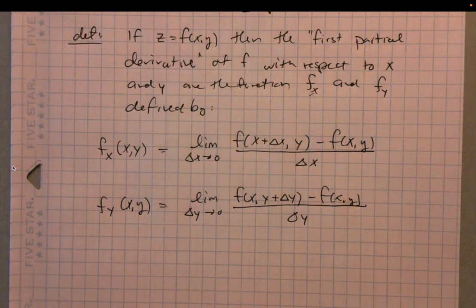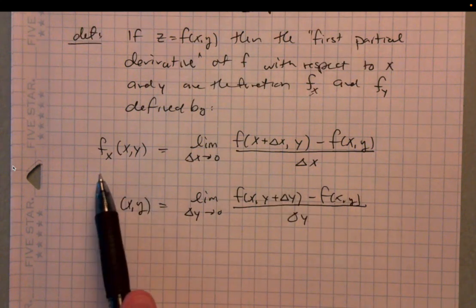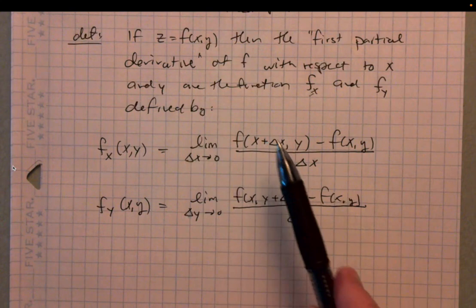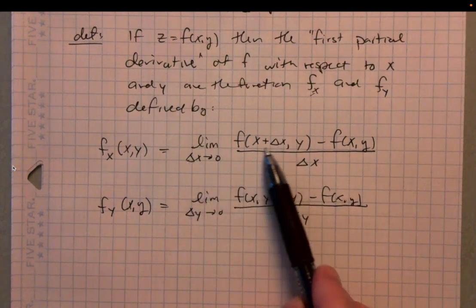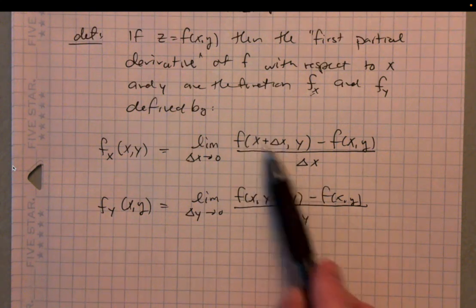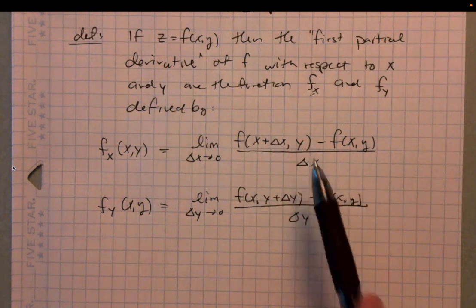Okay, so what's happening in this definition? Well, when we differentiate with respect to x here, you'll notice that we're allowing just for the variation in the x variable, with y treated like a constant, right?